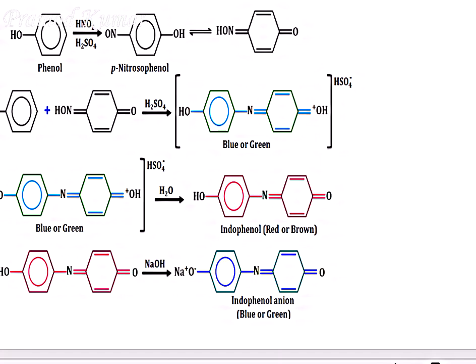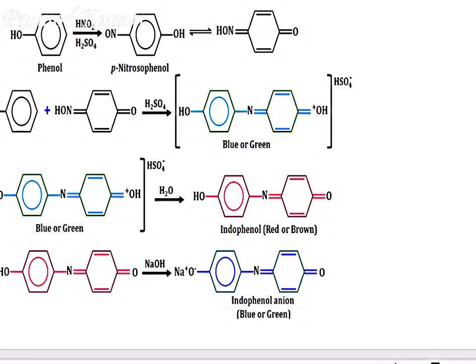So you got this, and this is in acidic medium, so this will be there in H2SO4. Okay, so what will it form? It will give a blue colored intermediate. So what happens? This will fuse together to give a blue colored intermediate. I am drawing it in blue color only.